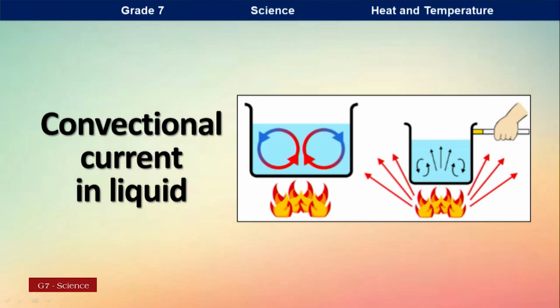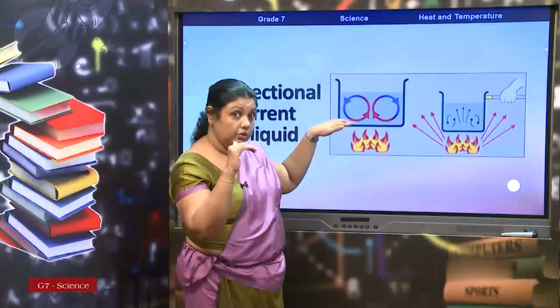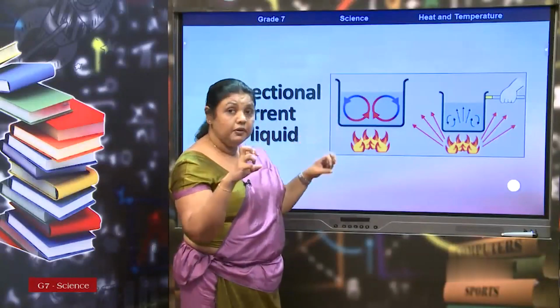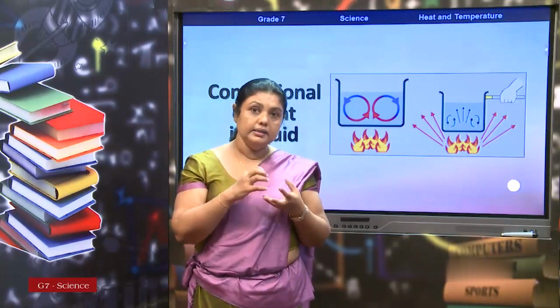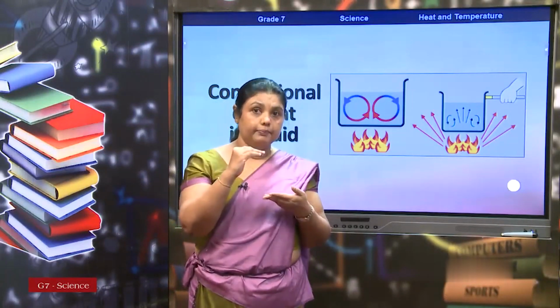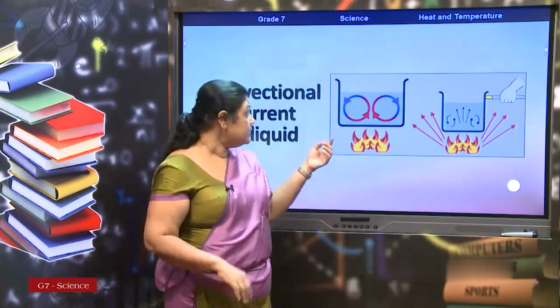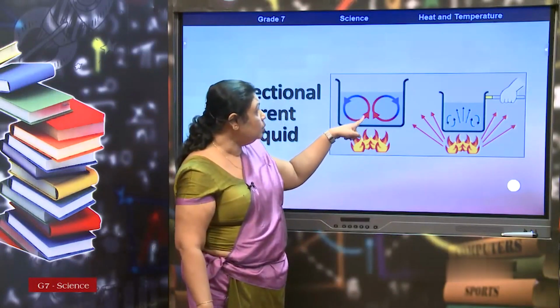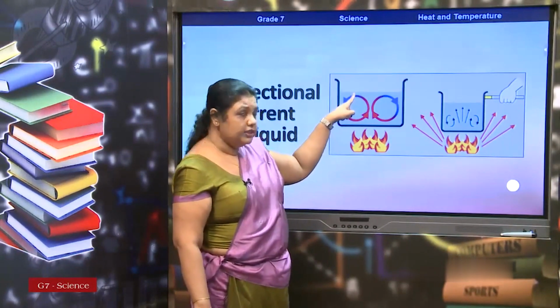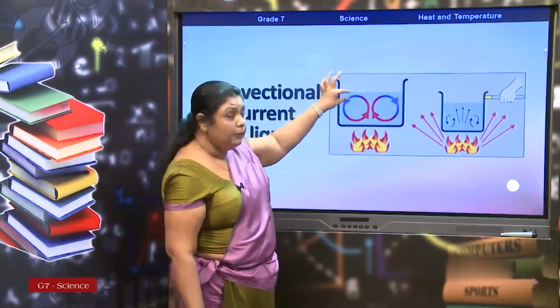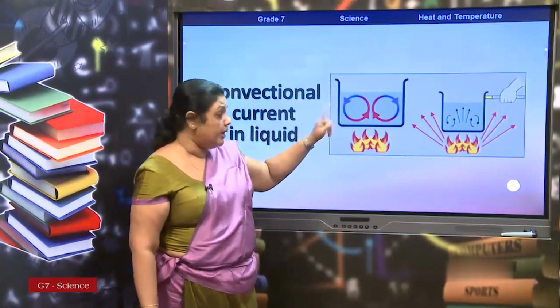Hot particles are getting less dense. I know you are not much familiar with density, but density here means the particles are getting lighter with the heat. When it is getting lighter, it moves up this way and reaches the top. Now, the upper particles are not as hot as the ones below.